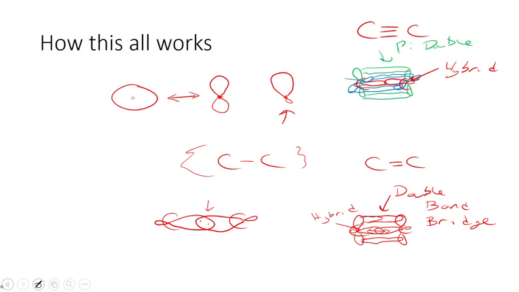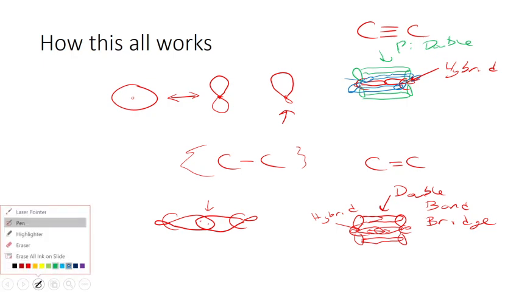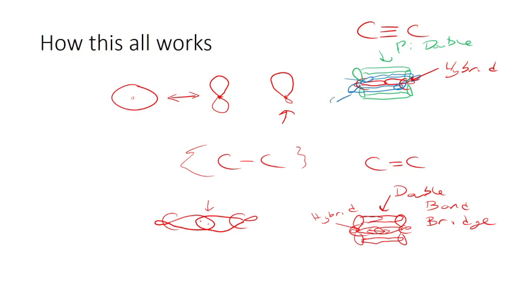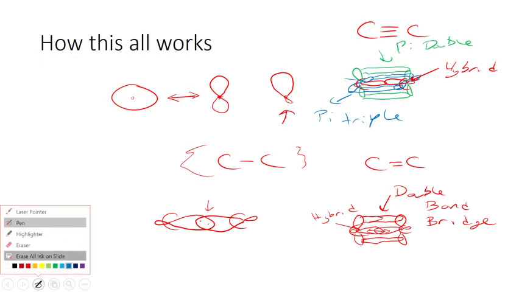But then you've also got another set of pi orbitals that form the triple. And so you've got all these interactions going on between these two carbon atoms, between hybridized and unhybridized orbitals. And that is how this all works.